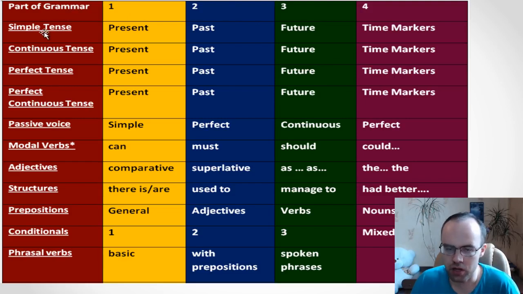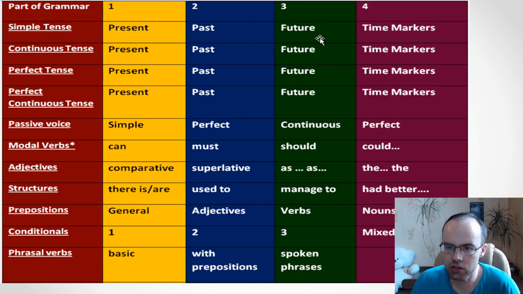Okay, so part of grammar. First of all, you need to learn English with tenses. And the first group of tenses is simple. You need to know present simple, past simple and future simple. If you know these simple tenses, you'll be able to speak about the present, about the past and about the future.